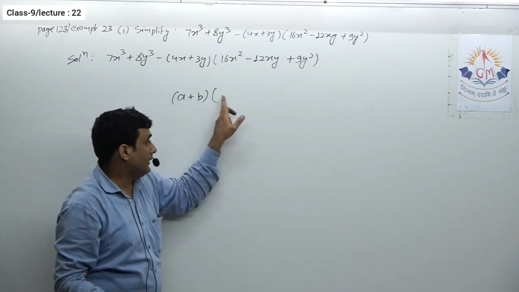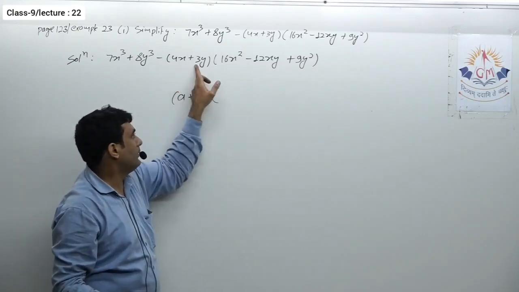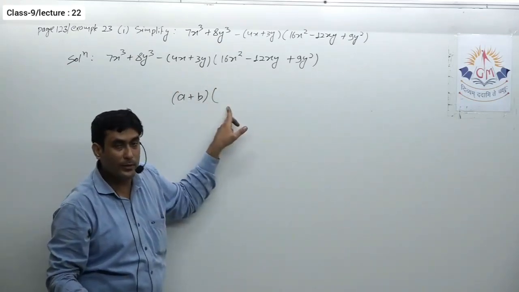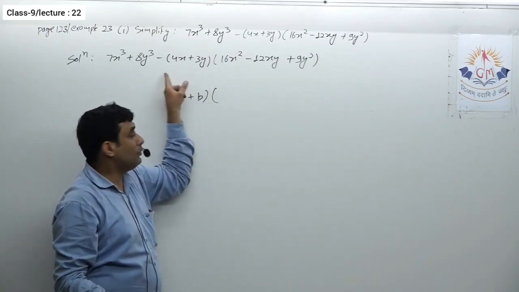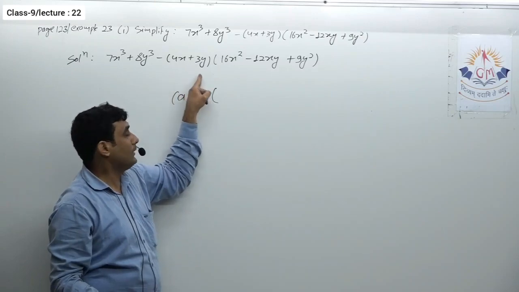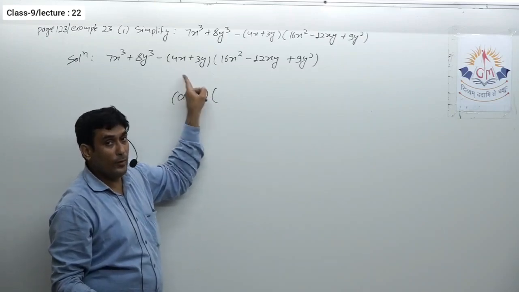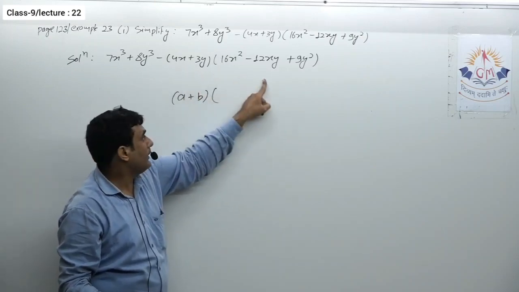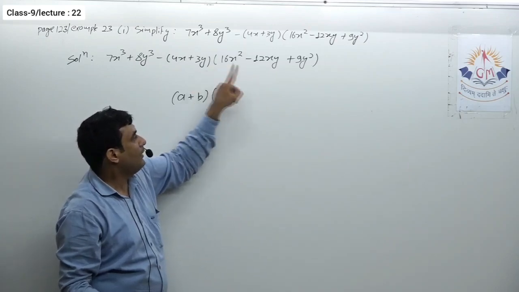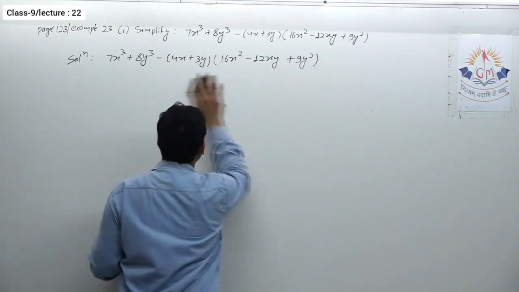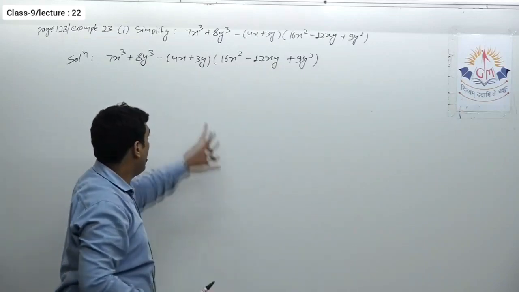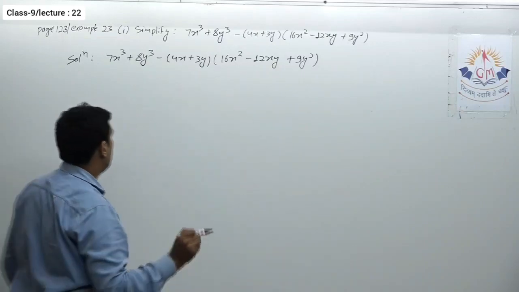So next term here it should be a square, that means 4x square. Yes, it is 16x square. Then minus ab, that means product of these two with negative sign. So 4x multiplied by 3y, 12xy, minus 12xy, and then 3y whole square, that is 9y square. Okay, so this exactly fits in the identity.